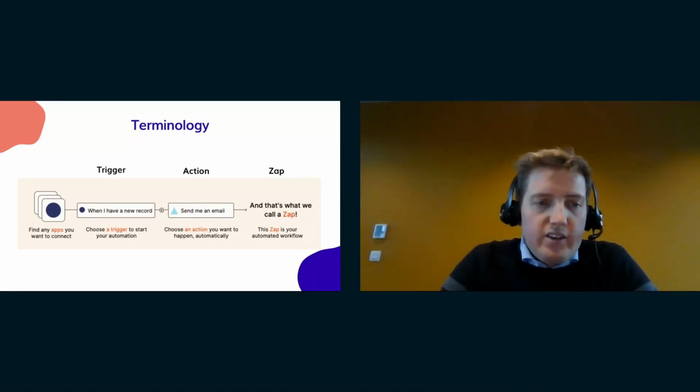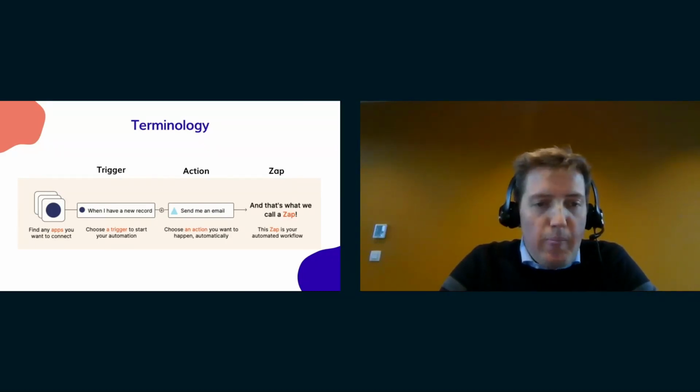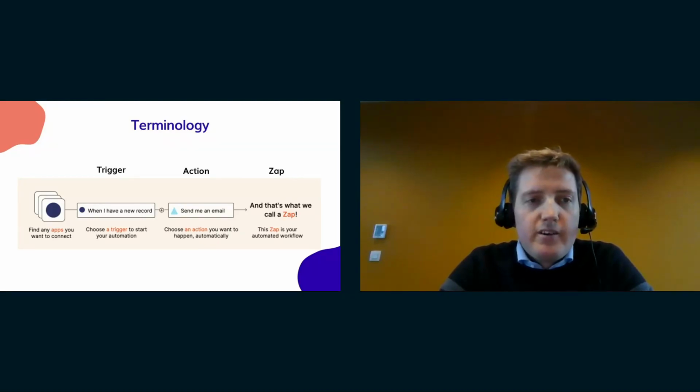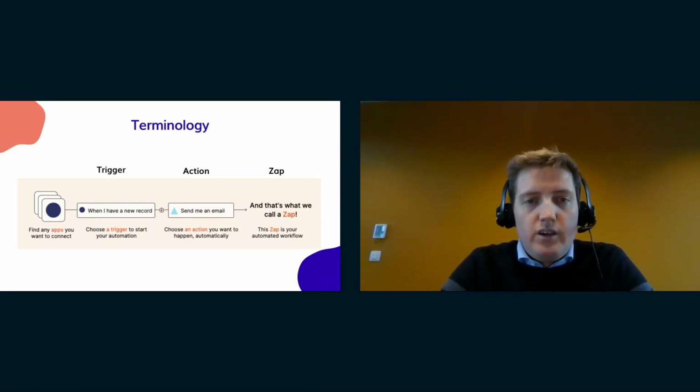A trigger is an event in a part of the software, in this case Google Contacts, that starts a workflow or a zap. It's important here that Zapier is always actively looking for those triggers when you create and activate the zap. So in this example, Zapier will continuously be looking for a new contact in your Google Contacts.